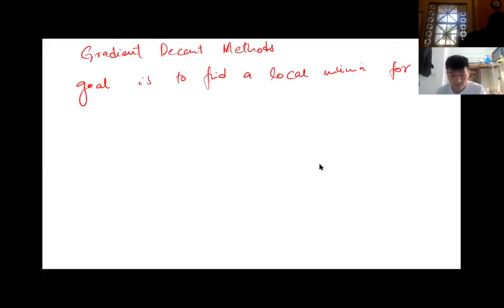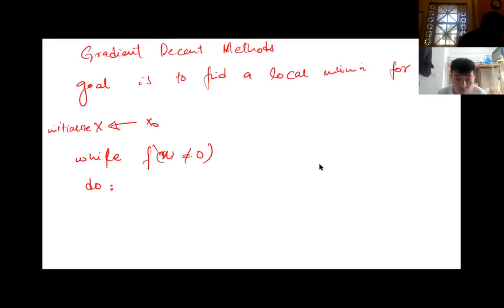The algorithm is this: initialize x to x naught. Then, while the derivative of f is not equal to 0, do the following.